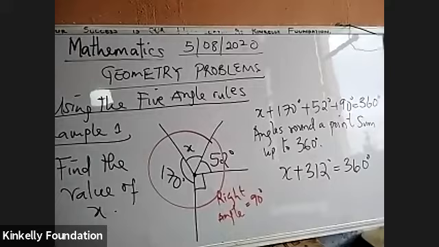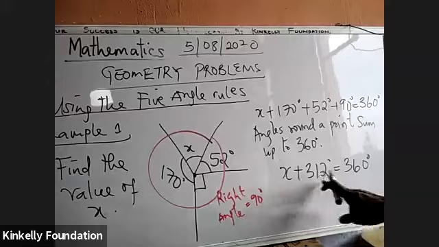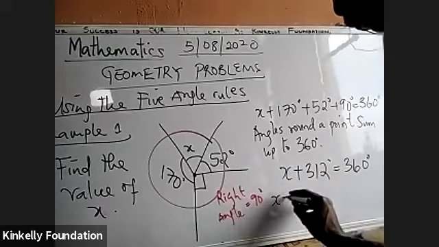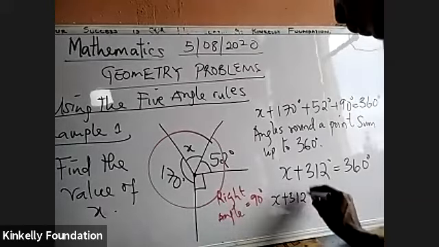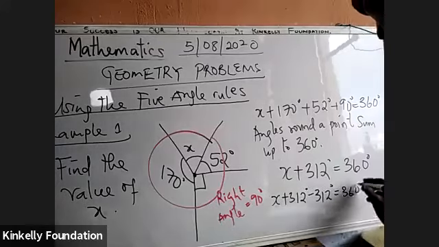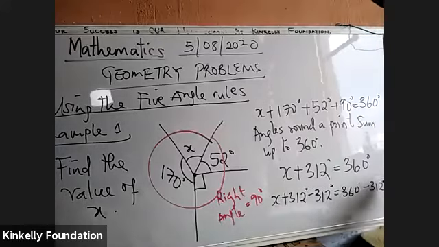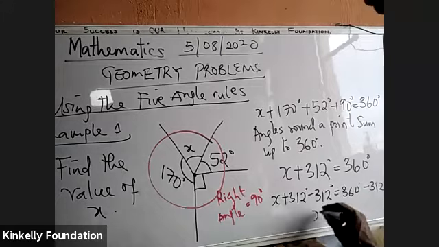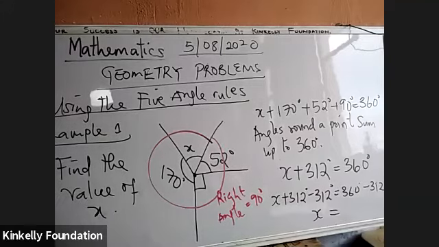Now, the next thing you do is to subtract 312 from both sides. That is the balance method. You subtract 312 from both sides, which gives 360 minus 312 degrees. Now, 312 minus 312 gives us 0, leaving x behind.